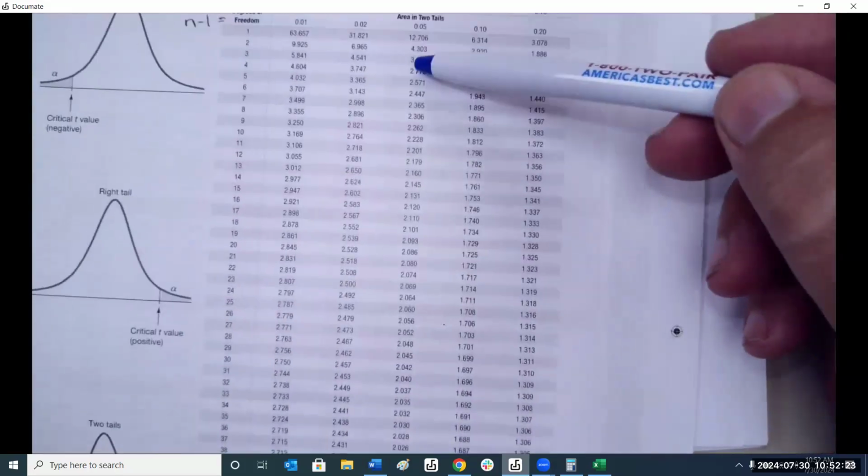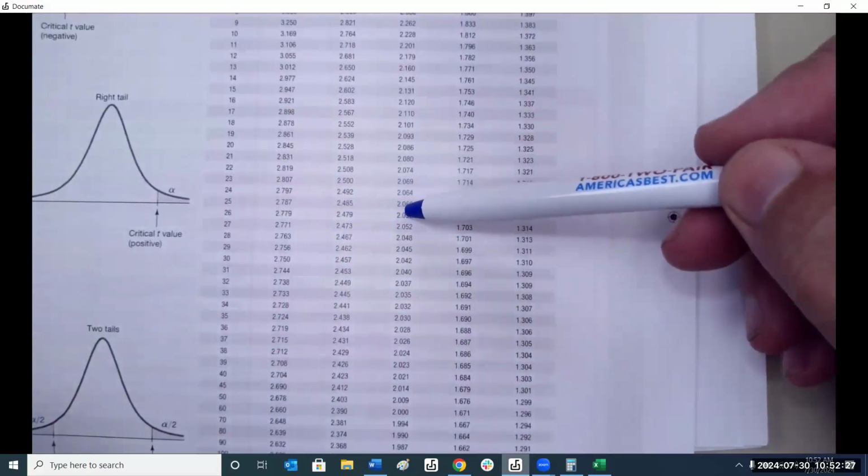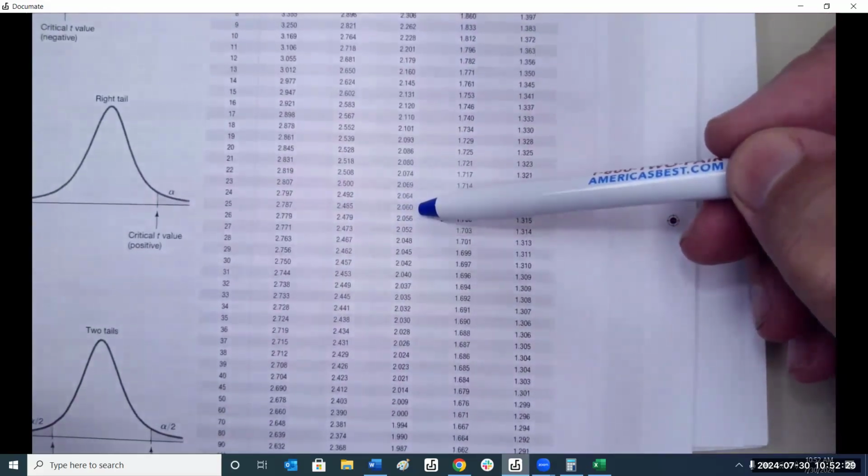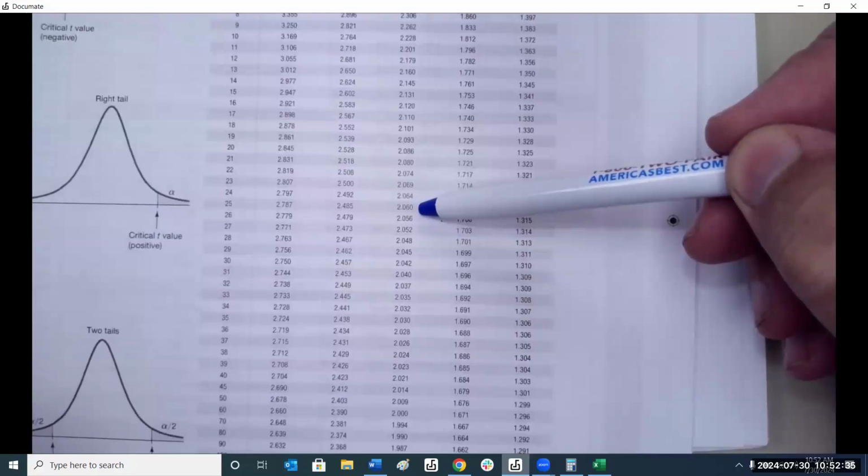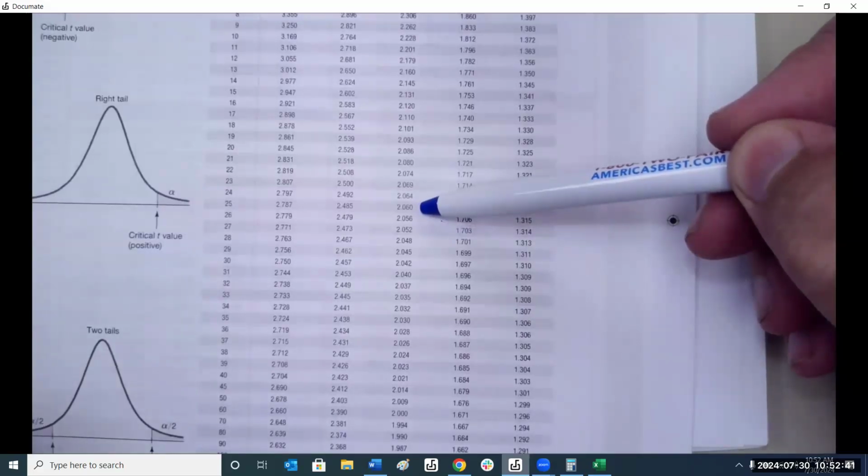So two-tail at 0.05 at 25 gives us 2.060.